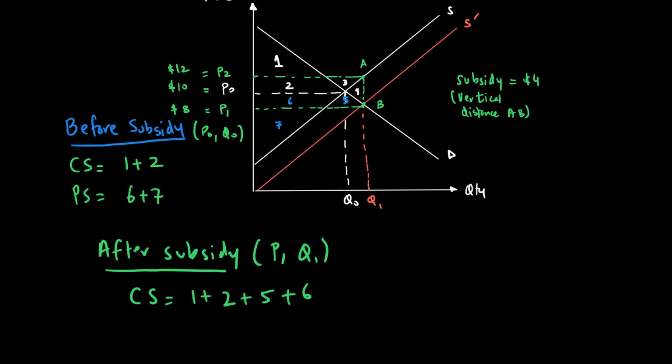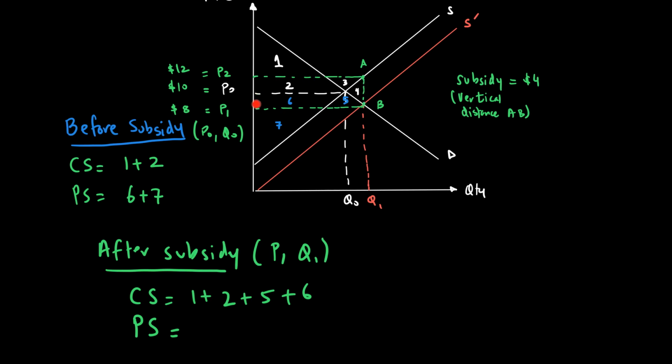On the other hand, my producer surplus will be a little tricky, because now the producer is getting the price P2. He's no longer getting P naught. The price the consumer is paying is $8, but the producer is pocketing more.